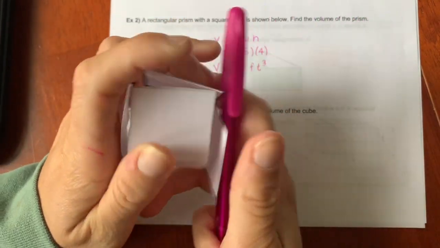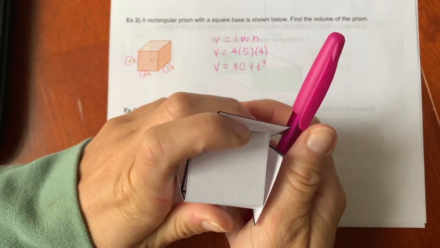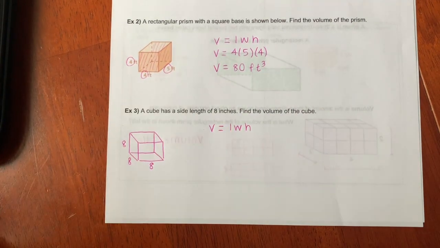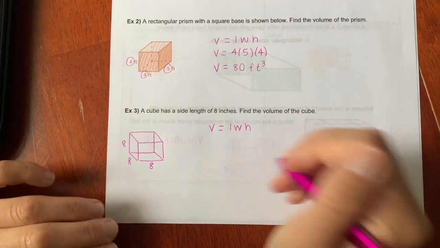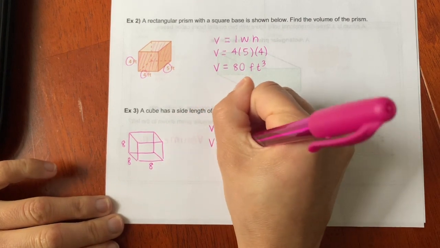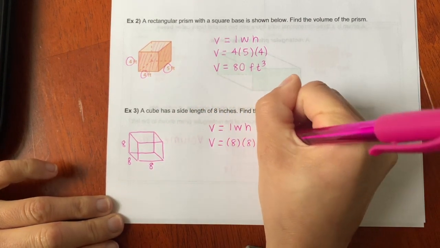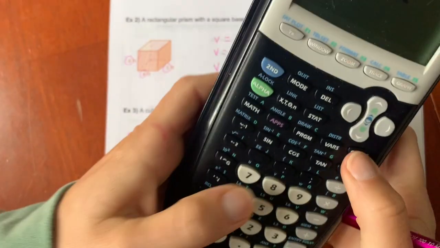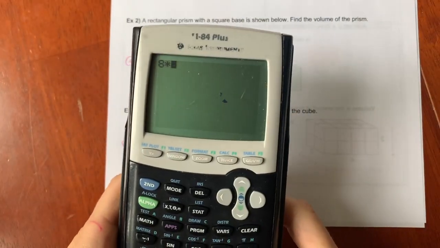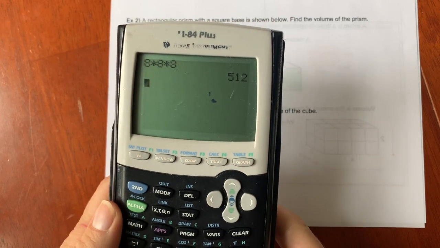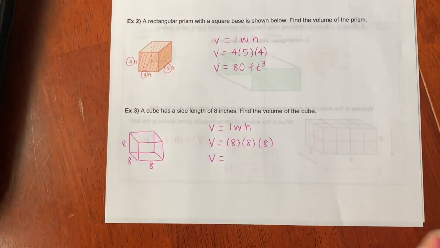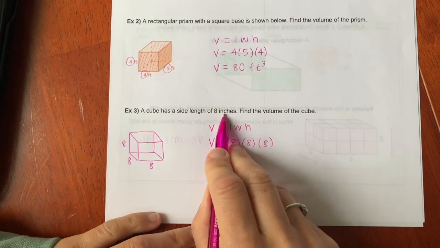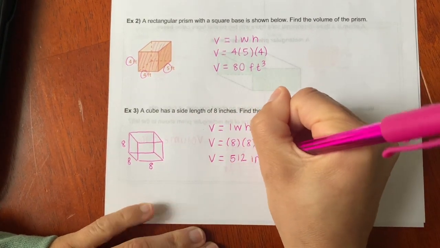So when it all comes together, that's your length, width, and height. All the dimensions would have an 8. Volume equals 8 times 8 times 8. That's 512. The units here is inches cubed.